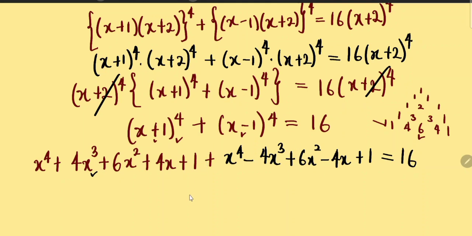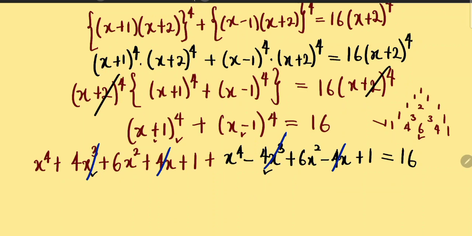From the look of things, you see that some terms can actually take care of each other. This 4x raised to the power 3 can take care of minus 4x raised to the power 3, so they can easily cancel out. So we can strike them out. What else? We have a plus 4x, which can also cancel out minus 4x.